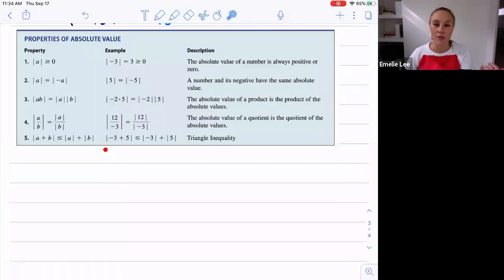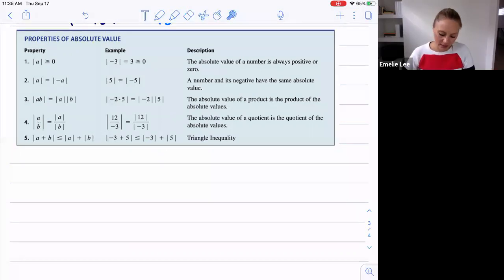The absolute value of 2 is 2. Then the absolute value of -3 is 3, plus the absolute value of 5, that's 5. So 3 plus 5 is 8. Now I'm looking at 2 is less than or equal to 8, which is true, right? But that's as far as we're going to go here.